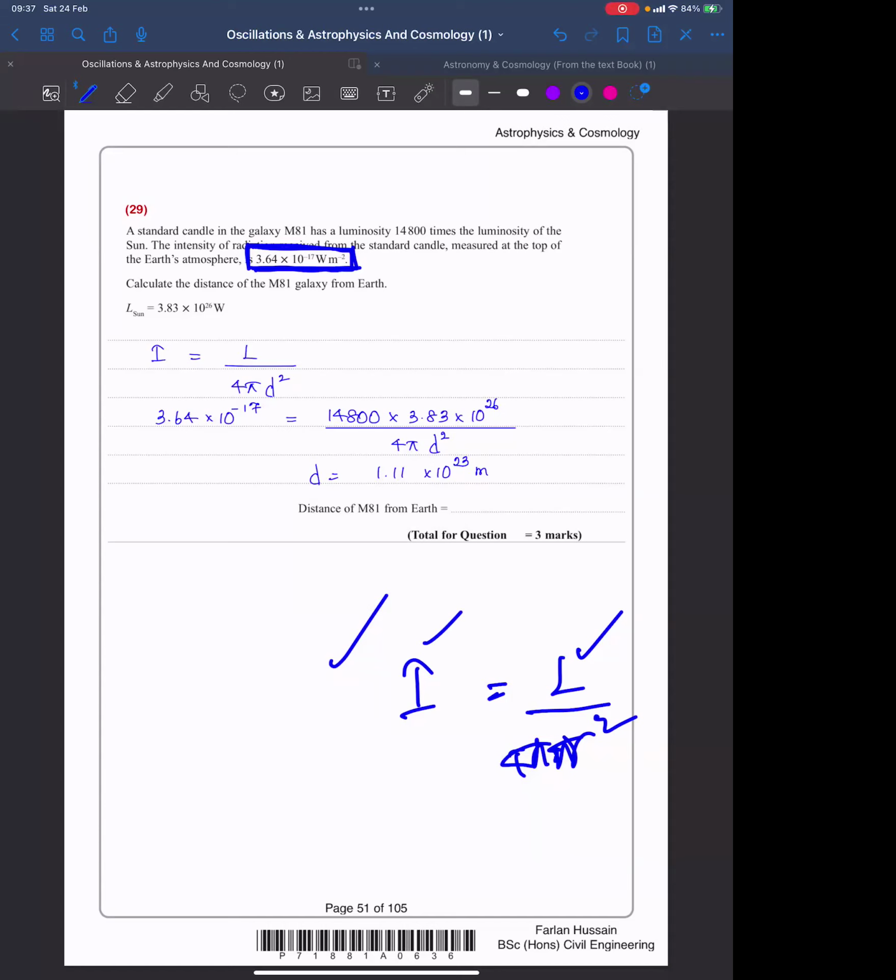So that is exactly the same calculation given here. They are asking you to calculate the distance from M81 to Earth. Intensity is measured. Luminosity is 14,800 times the luminosity of the sun, over 4 pi d square.